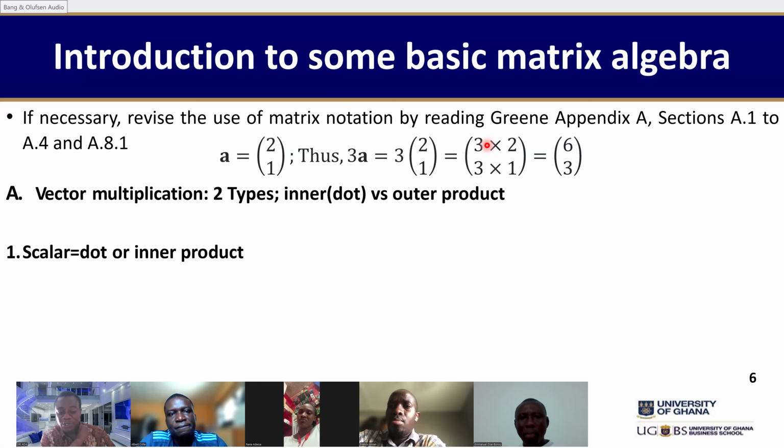Yes. That's why I didn't want to only say magnifier. Because if it was 0.5, it will shrink. It will not magnify. What's the opposite of magnify? Shrink, right? So what is the use of a scalar and that of a vector? A scalar actually magnifies or shrinks that of a vector.